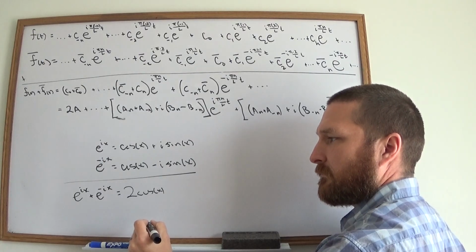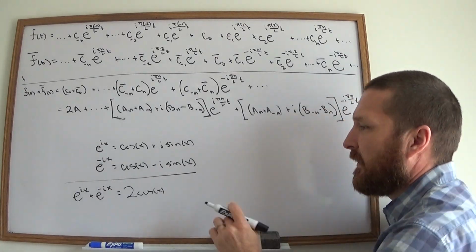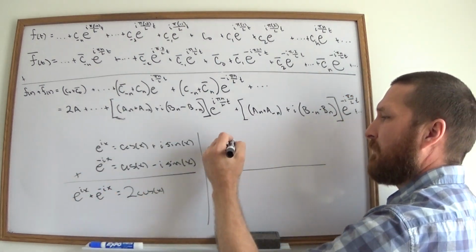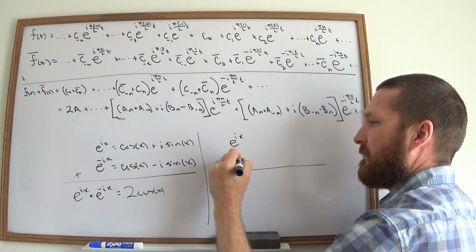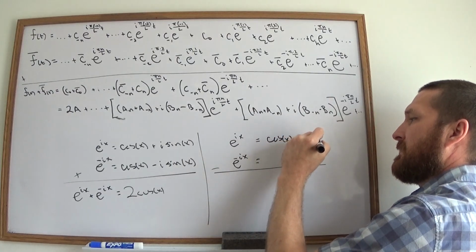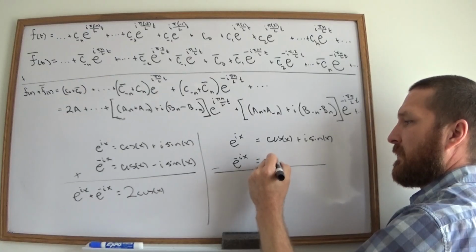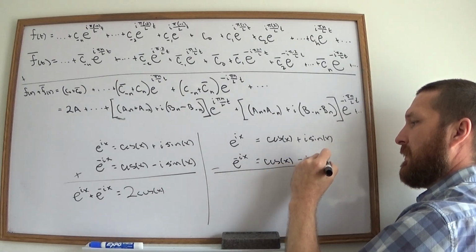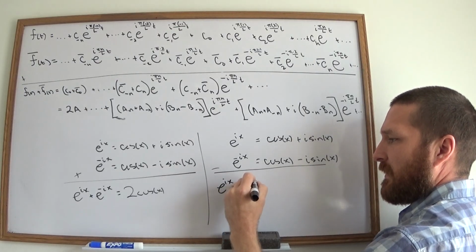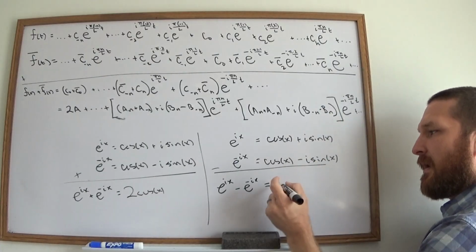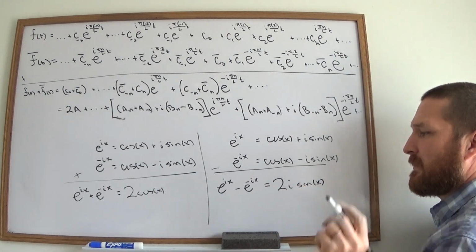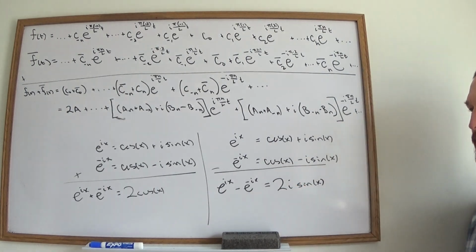And when I subtract them from each other, e to the ix minus e to the minus ix, that's the same thing as 2i sine x, like that. Okay?